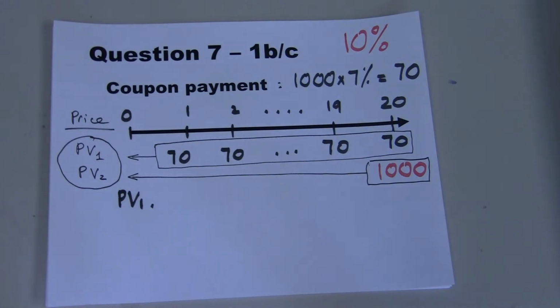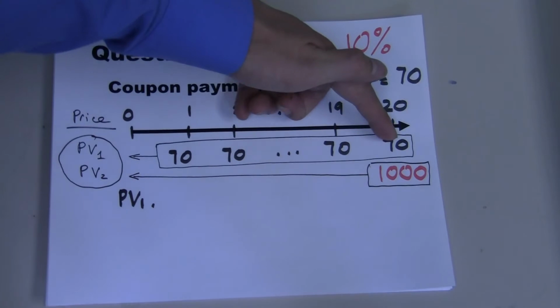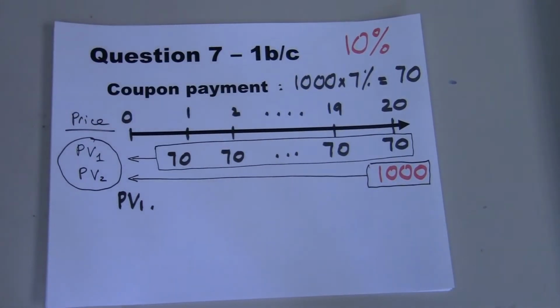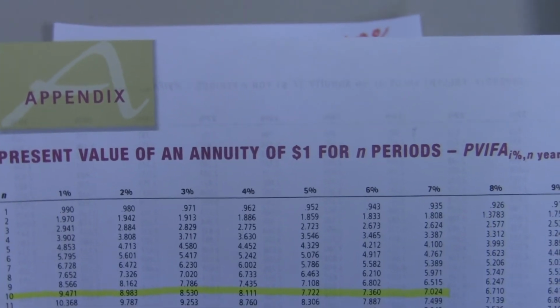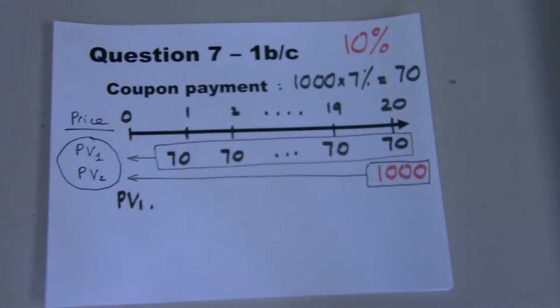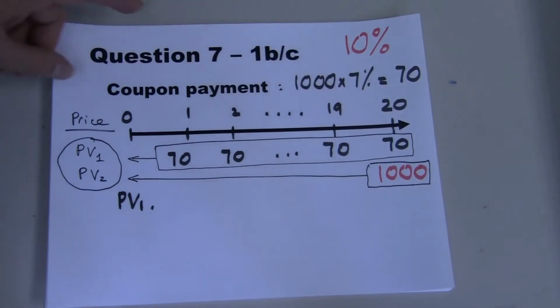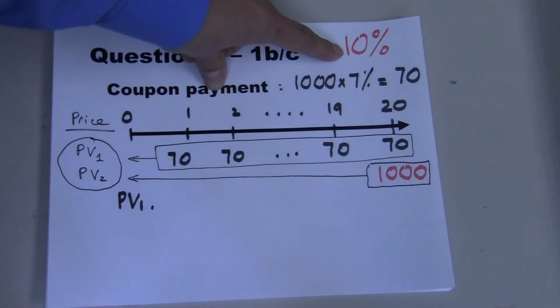Now with that in mind, let's calculate the present value of the annuity of 70, 70, 70, and 70. Definitely we have to open the present value of an annuity table. We look at the row 20 years and the column 10%.